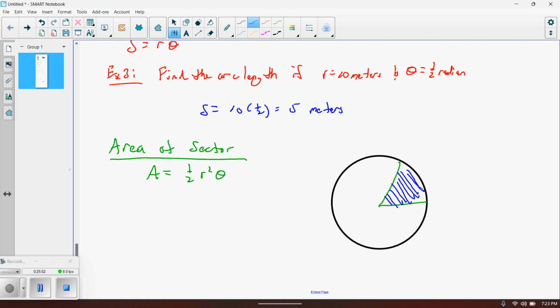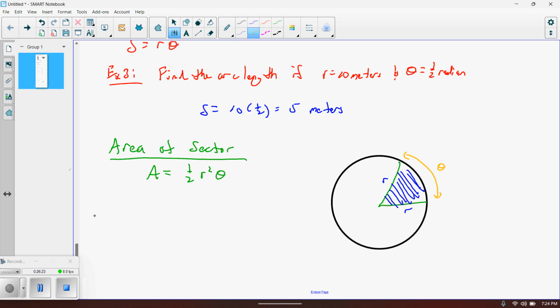They're not all three straight sides. So you have to use the area of a sector formula. Basically, if I know the radius, and I know the actual arc around the outside, in radians, I can find the area of that blue shaded region. So that's how you find the area of a sector.